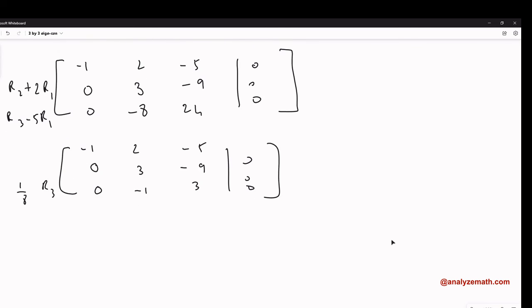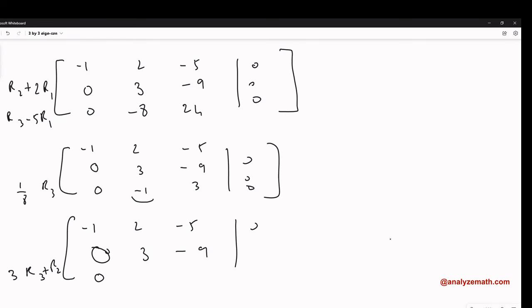Now again we keep row number 1, keep it. Zeros. Row number 2 we keep it. And now for row number 3, what we will do, we will add row number 3 plus row number 2. Yeah, imagine when you multiply the negative 1 by 3, it gives you negative 3 plus 3 is 0.